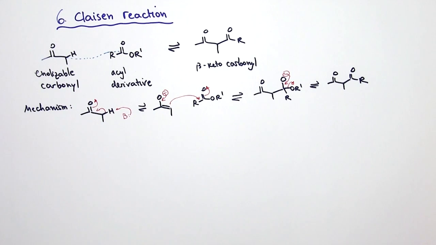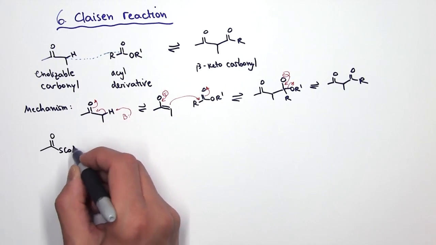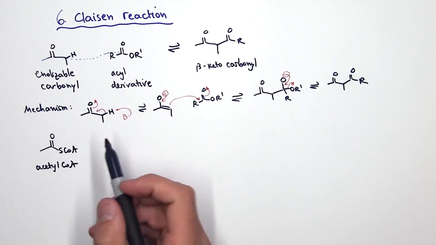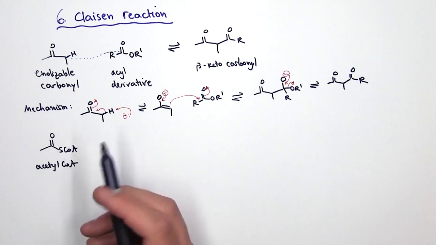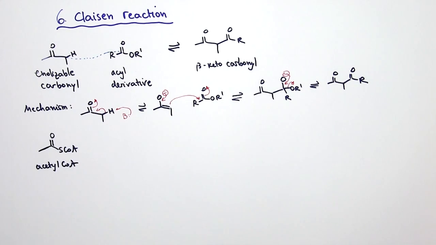Now, in biochemistry, a preferred substrate for Claisen reaction is a thioester. One of the most common thioesters we're going to encounter in this course is acetyl-CoA. CoA, or coenzyme A, is a thiol that can form thioesters with a lot of acids, for example, acetic acid here.